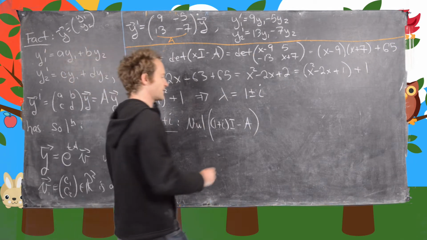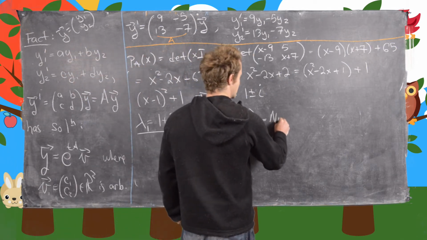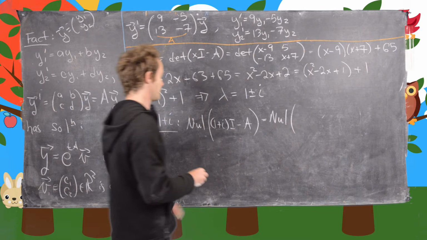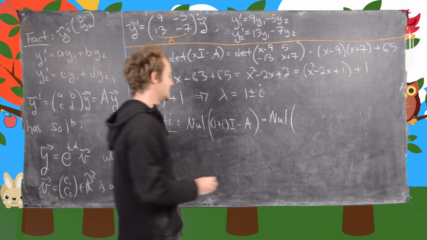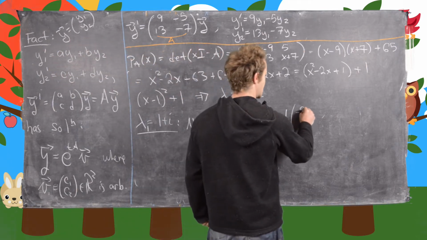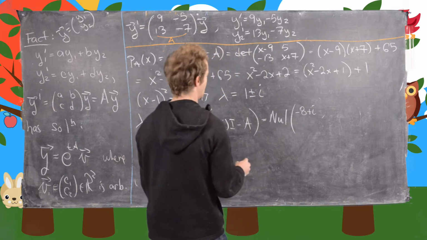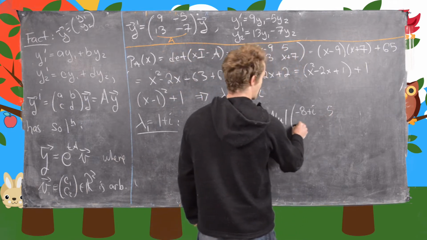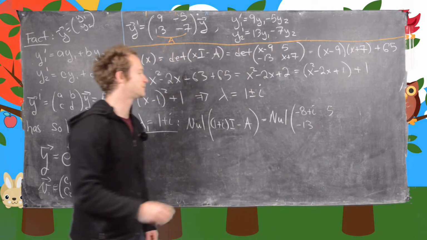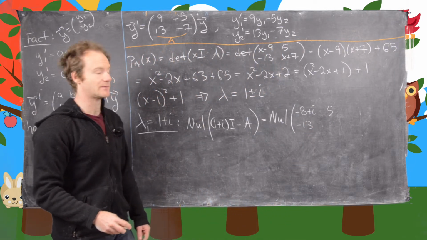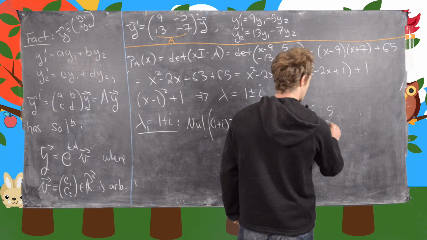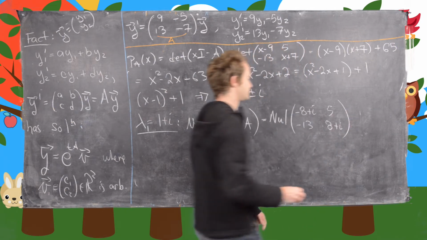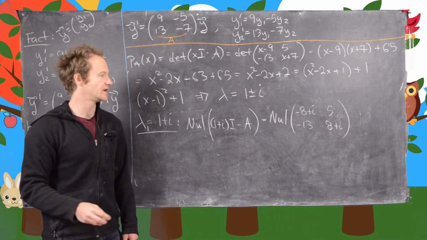Let's see what we get for that. That's going to be the null space of [minus 8 plus i, 5; minus 13, 8 plus i]. Okay, good.